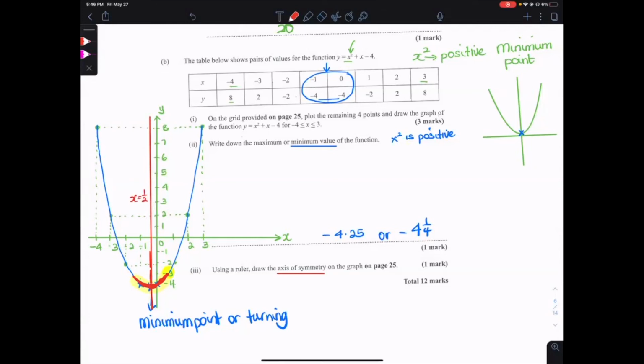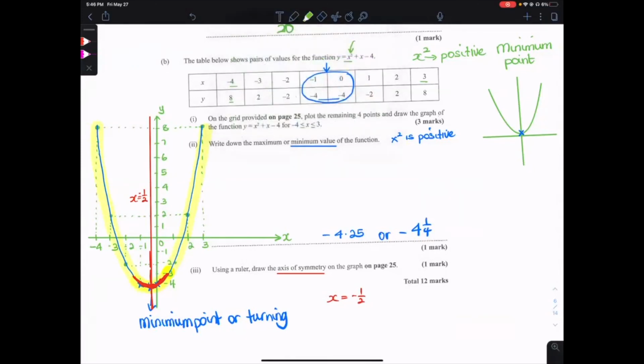Could somebody check it and see if it is where x equals minus a half? Where x equals minus a half, this here is symmetrical. It cuts the curve into 2 equal pieces.